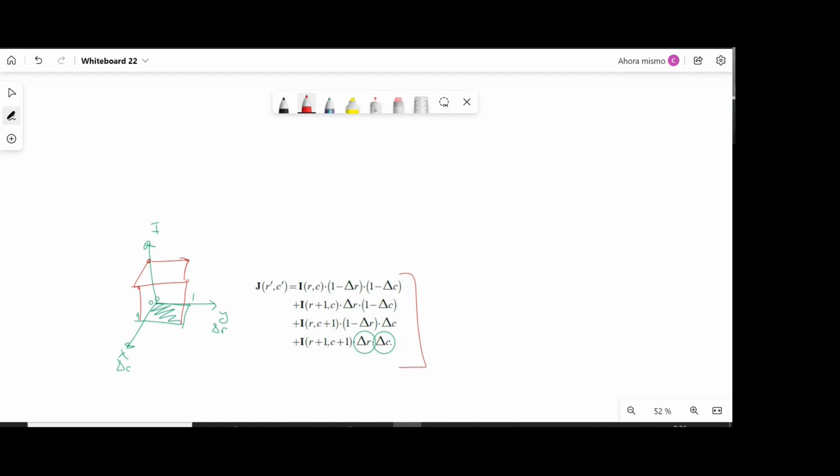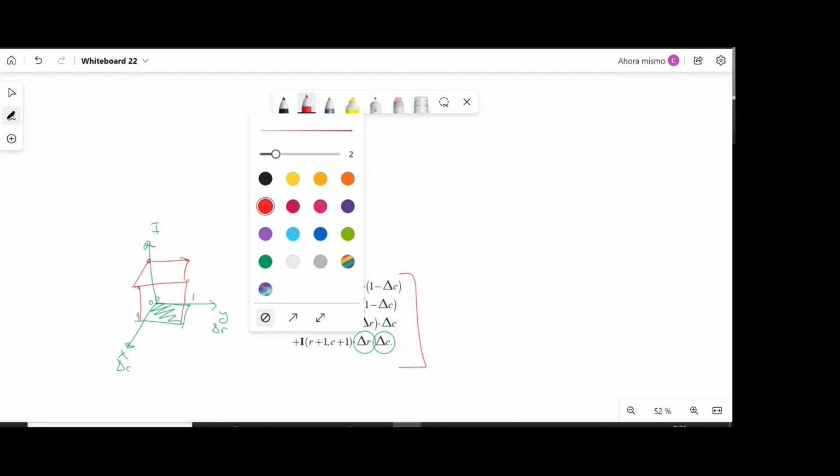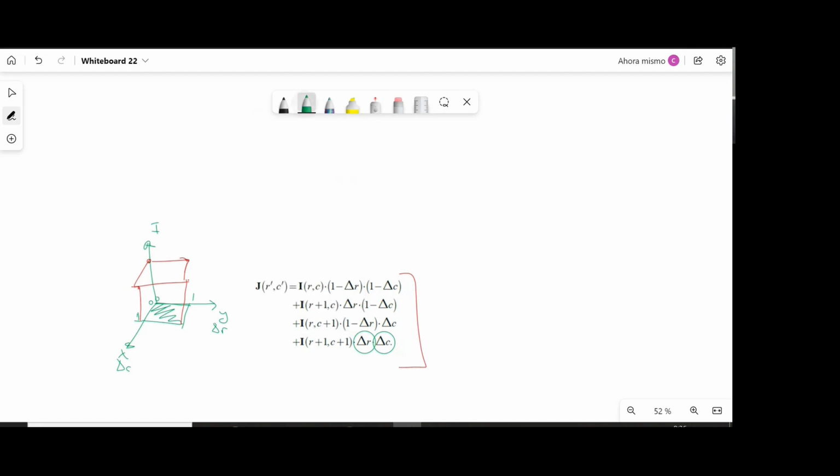Who said no? You? Why it doesn't look like a plane? Because in a plane, I should have something like this: A delta R plus B delta C plus C I plus D equals 0.